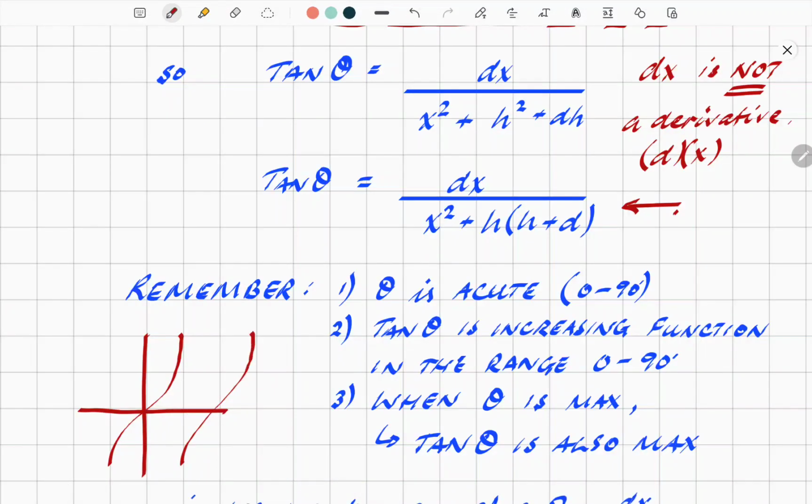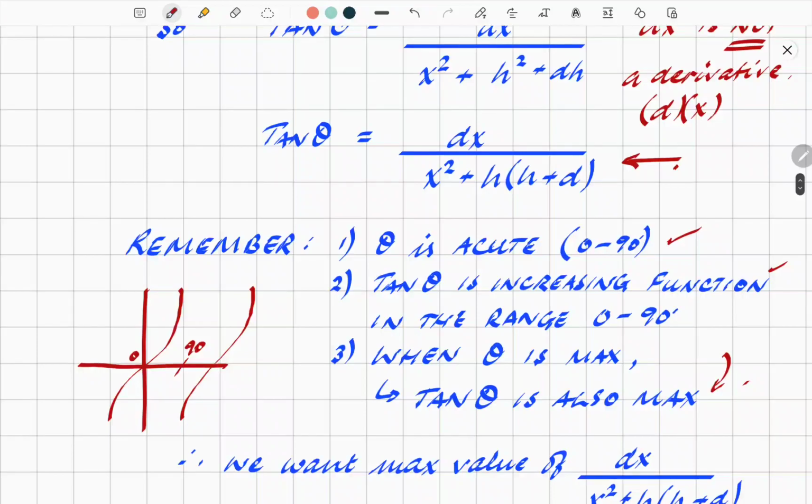We're looking at the range 0 to 90, and in that range, the question tells us that theta is acute, so make sure you know that. And then in that range 0 to 90, tan theta is an increasing function, right? We know that, we can see that. And therefore, when theta is max, then tan theta must also be a maximum, i.e. maximum within the range that we're talking about.